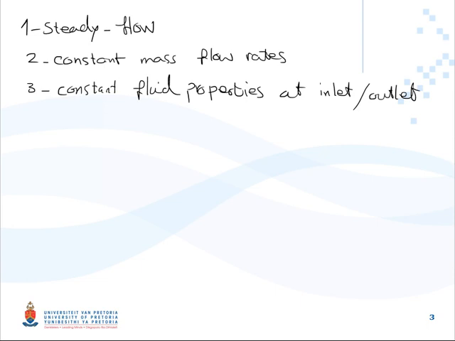For example, if the cold water is coming in at T cold in and goes out at T cold out, we are going to read the properties of water at T average, which is T cold in plus T cold out divided by 2.